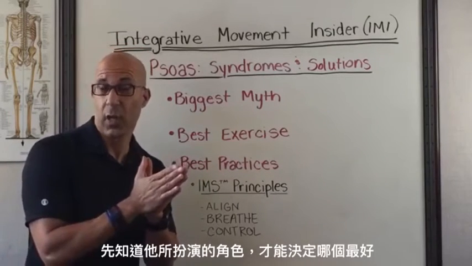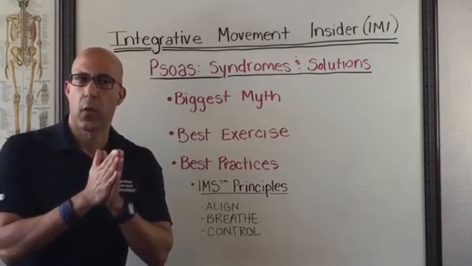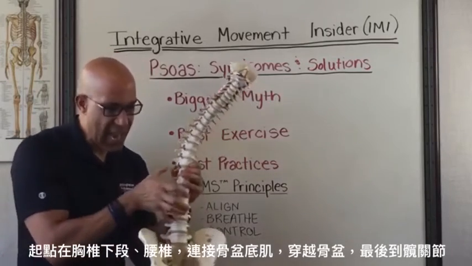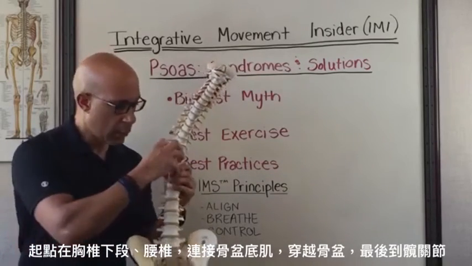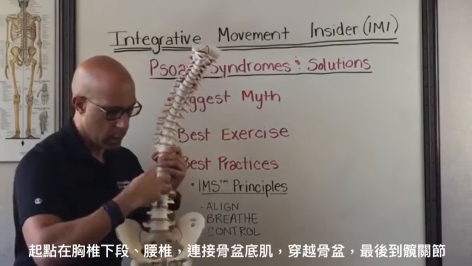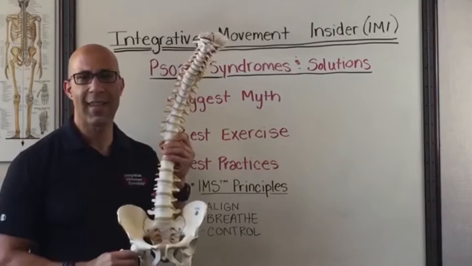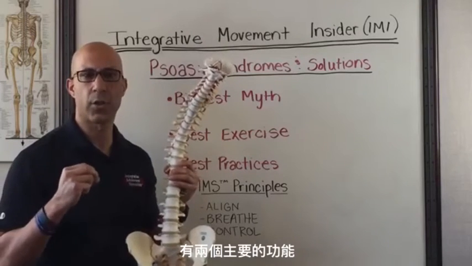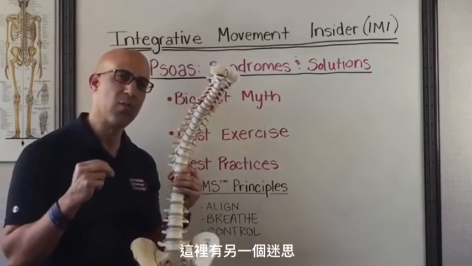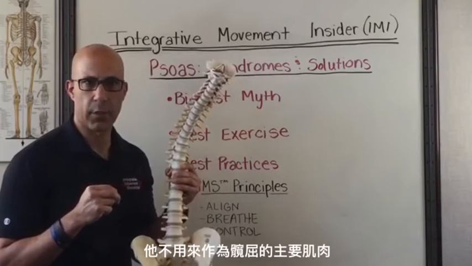So what does the Psoas do, so we know what exercises are the best? Well, based on the attachment points of the Psoas through the lower thorax, the lumbar spine, into the pelvic floor, into the pelvis, and into the hip, it has 2 primary functions. And here's one more myth: it's not hip flexion.